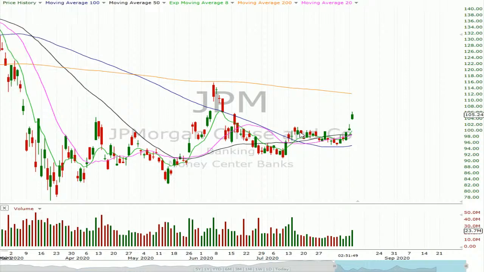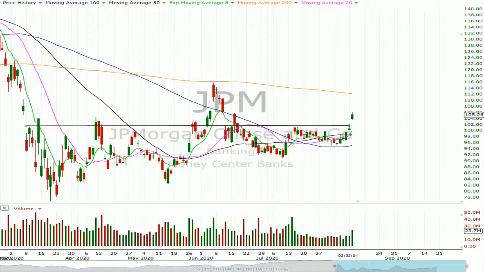So for JP Morgan, I guess there were two ways to approach this. I was looking at the banks as one of those rotation trade type sectors.